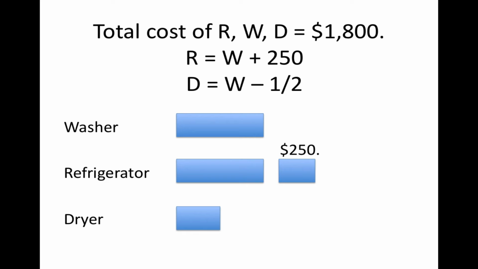Okay, so let's make our bar model. Here's the cost of the washer. Remember, the refrigerator is the same as the washer except for it's $250 more. So we have 2 equal bars, $250 more. And the dryer was the same as the washer except for half of the cost. So this unit looks like this. It looks like half of the size of the washer.